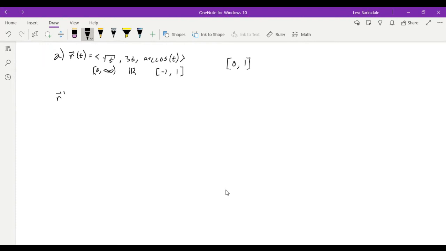Now, when we take our first derivative, we get 1 over 2 square root t, 3, and then 1 over the square root of 1 plus t squared, I believe it is.